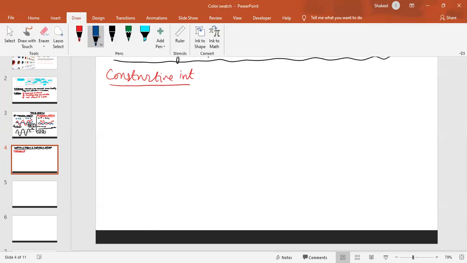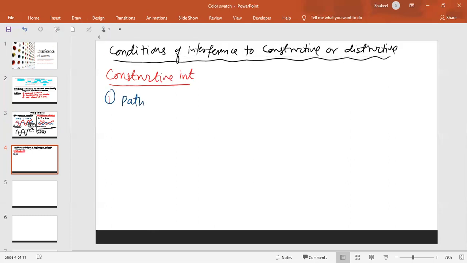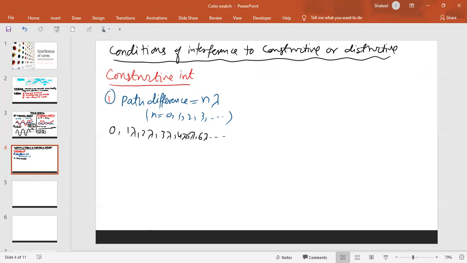The first condition is that the path difference between two interacting waves should be equal to n lambda, where n is a whole number. It means that the two waves meeting together must have a path difference of 0, 1 lambda, 2 lambda, 3 lambda, 4 lambda, 5 lambda, 6 lambda, and so on. If the path difference is one of these, then only constructive interference will happen.